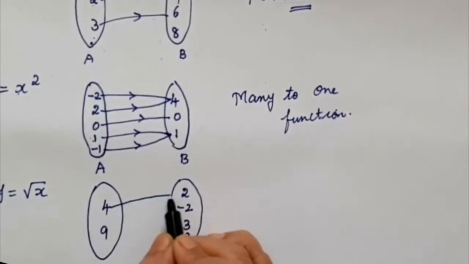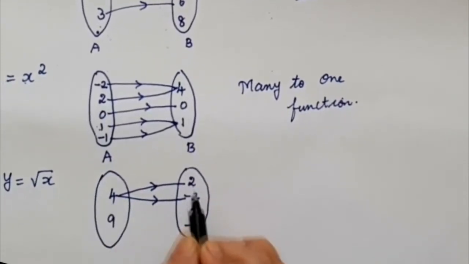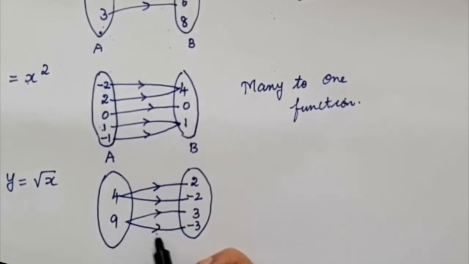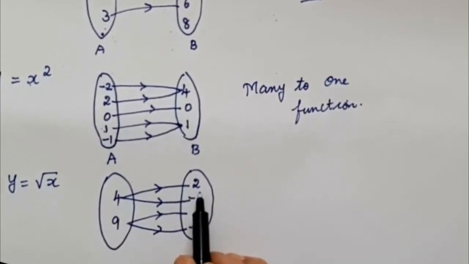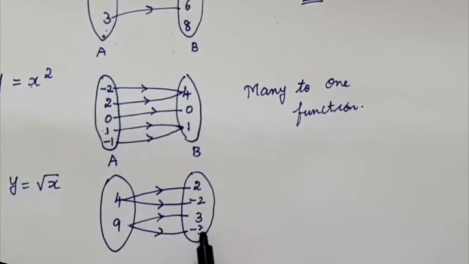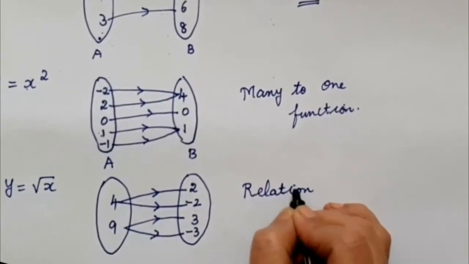So 4 will be 2 and negative 2, and 9 will be 3 and negative 3. So our set A has 2 images. See, 4 has 2 images, 9 also has 2 images. So it is not a function, it is just a relation.